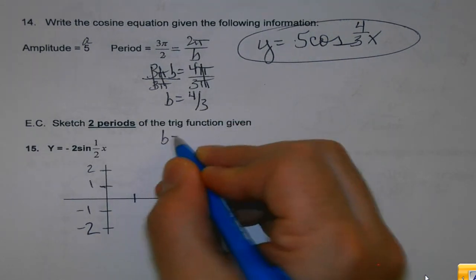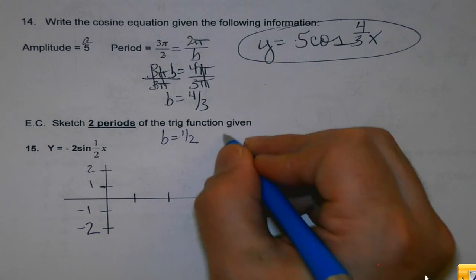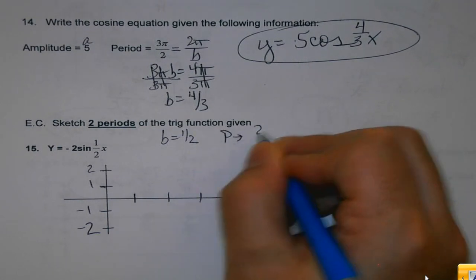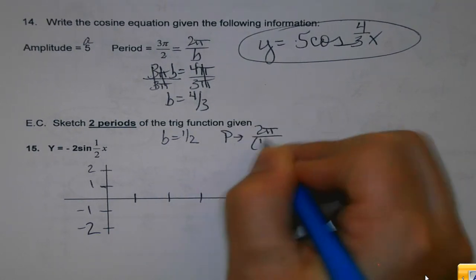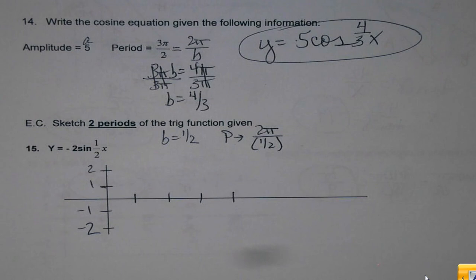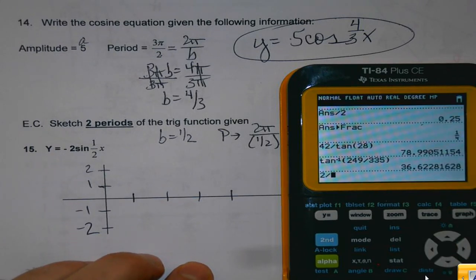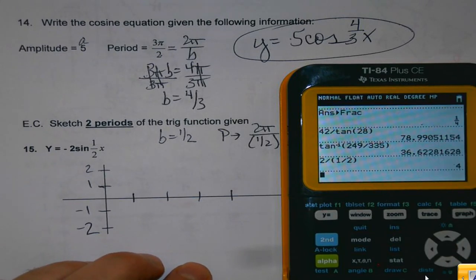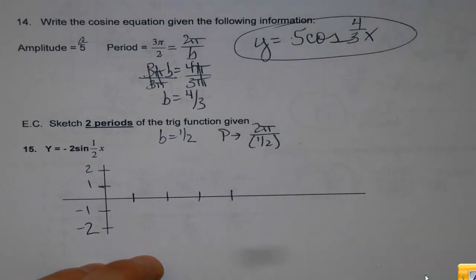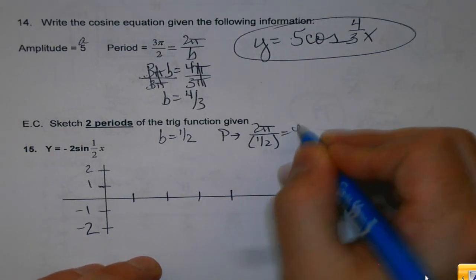So my B value is 1/2. So my period is 2 pi over B. Now remember, when you're dividing by a fraction, if you're going to put it in the calculator, do it without the pi. Divided by 1/2 in parentheses. I get 4.